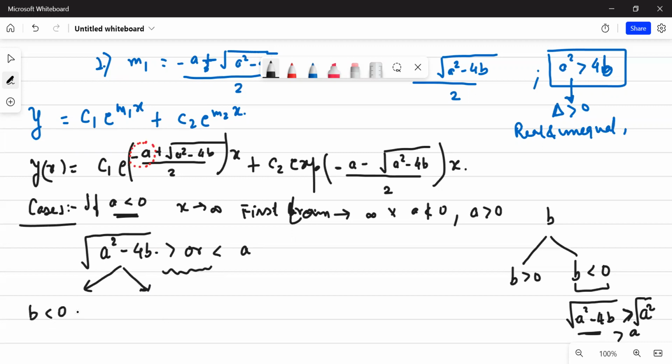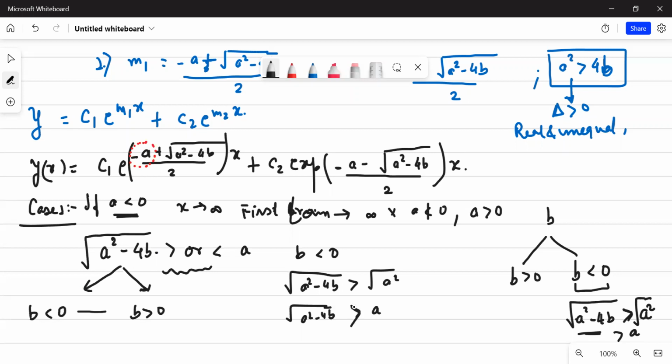If b is less than 0, or b is greater than 0. If b is less than 0, then clearly root over a square minus 4b would be greater than root over a square, which implies root over a square minus 4b would be greater than a. It implies that in magnitude, the magnitude of root over a square minus 4b would be greater than the magnitude of a, isn't it?